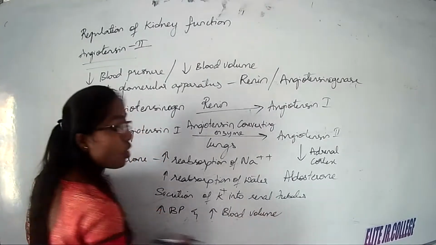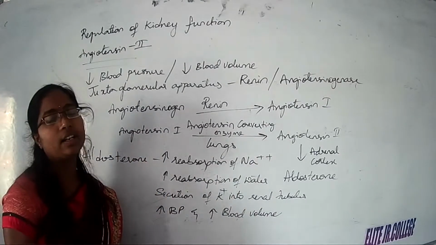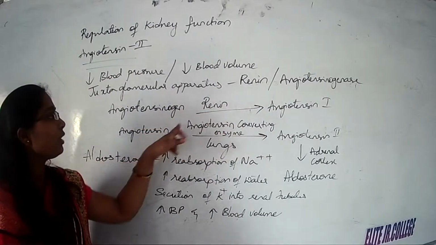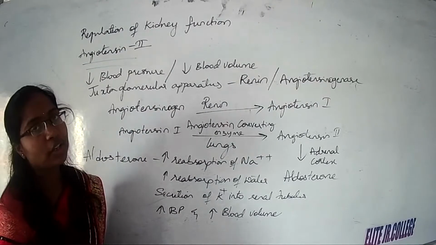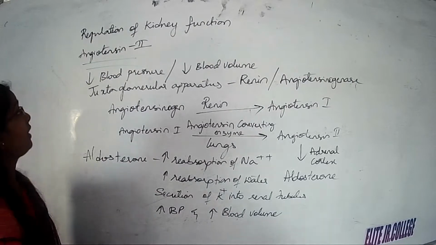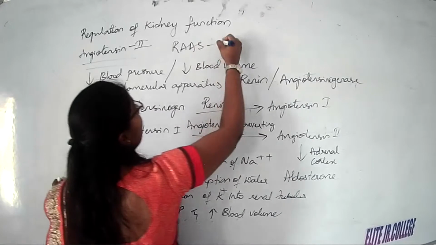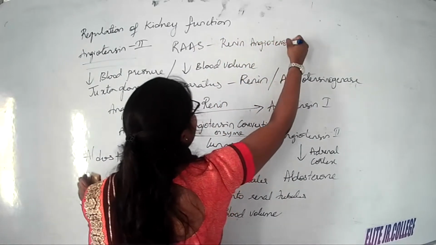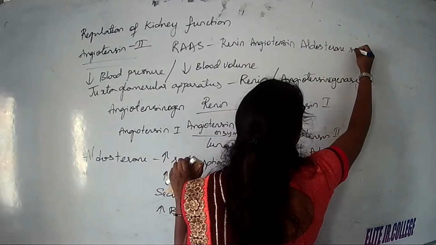So in that way, the normal volume of the blood and the normal pressure of the blood is again achieved because of the renin, angiotensin and aldosterone. All these enzymes and hormones which are working together are called as RAS, which means renin, angiotensin, aldosterone system.